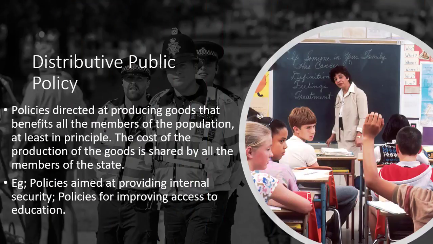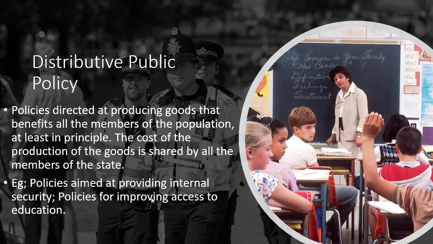The first one we're going to talk about here is the distributive public policy. Distributive public policies are basically policies that produce goods that benefit all members of the population, at least in principle, and the cost of production of the goods is shared by all the members of the state. To explain this, let me use some examples.